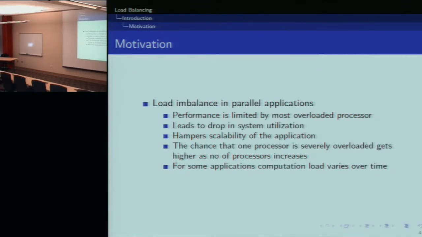So this requires a load balancing strategy that adapts dynamically over time. Some such applications are weather simulation code, AMR, and molecular dynamics simulations, where the load varies over time and it's quite hard to predict.